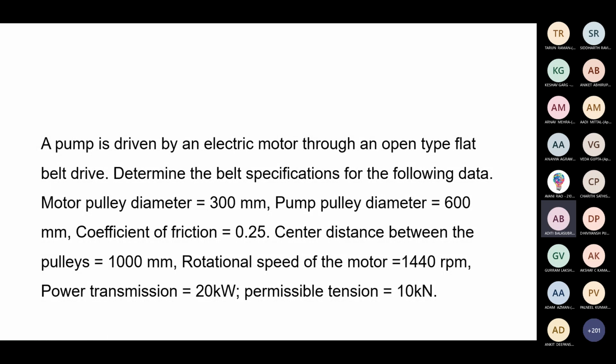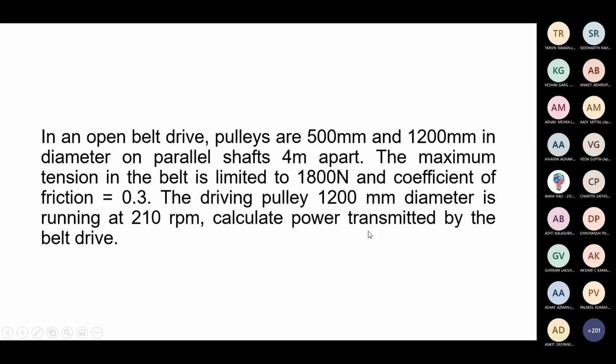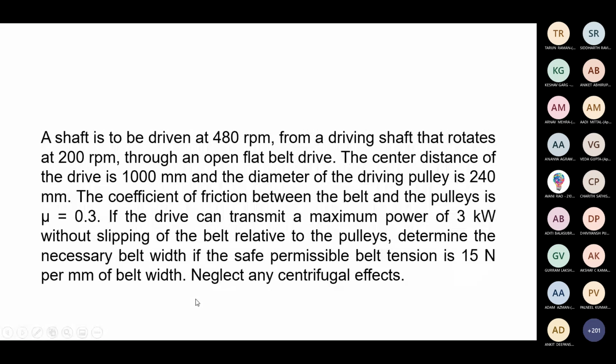But it's not specified here. Not specified, yes. But if not specified, you have to assume it that way and solve the question according to the question. In the previous case, 15 Newton per mm width was given.